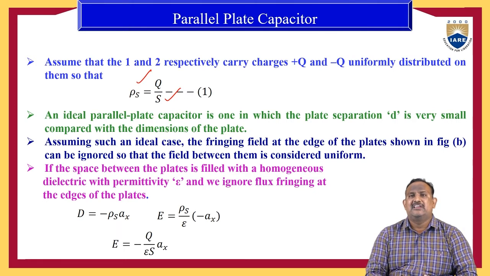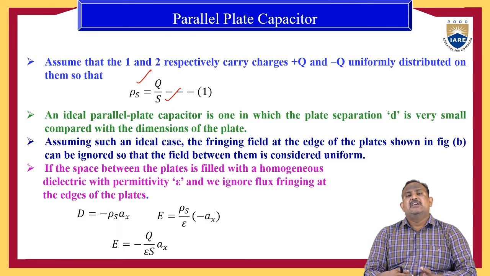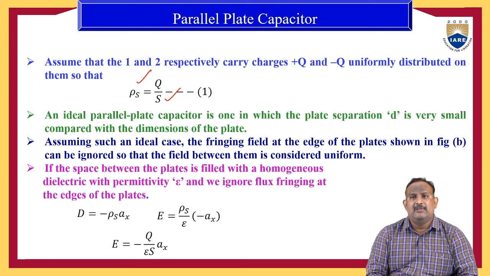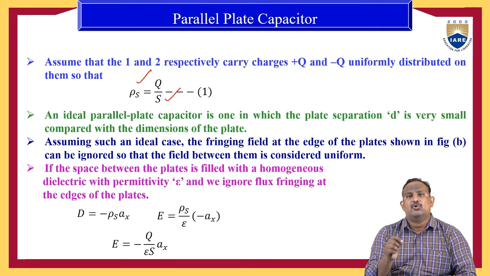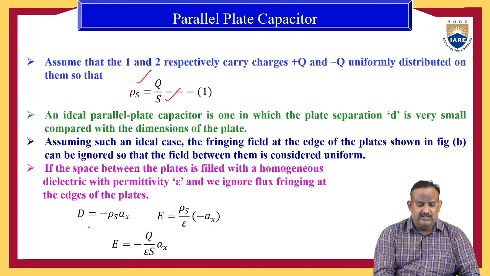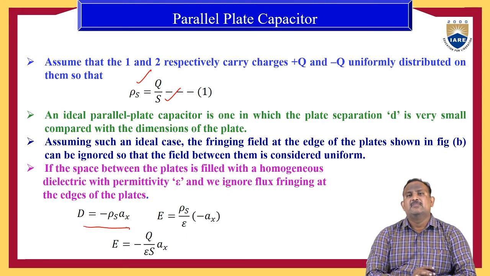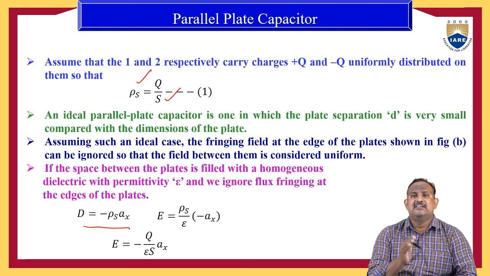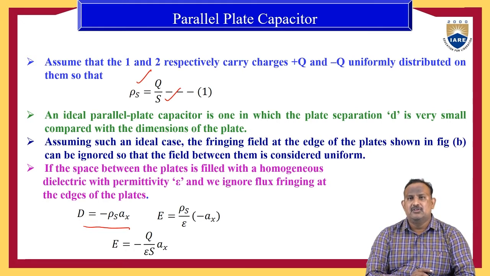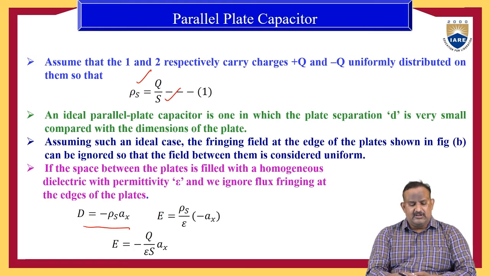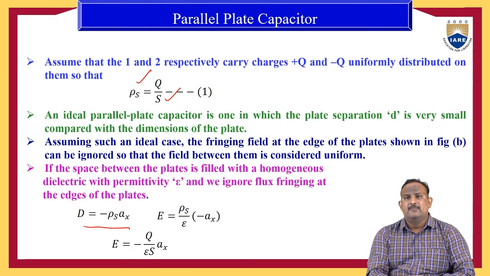Let us assume the space between the plates is filled with a homogeneous dielectric medium with permittivity epsilon. If we ignore the flux fringing at the edges, then the electric flux density D is equal to minus rho s a_x, because according to Gauss law, the flux is equal to the charge density.